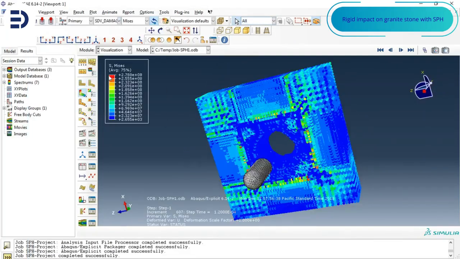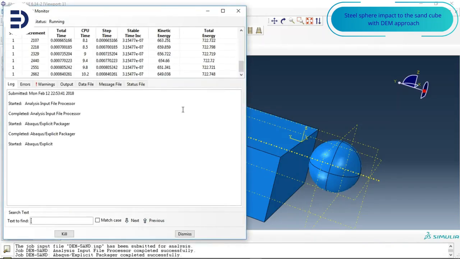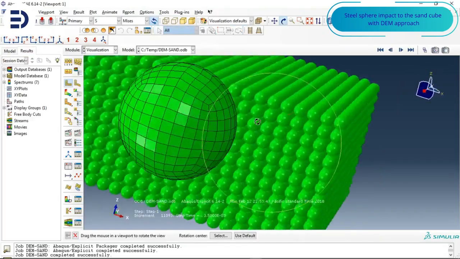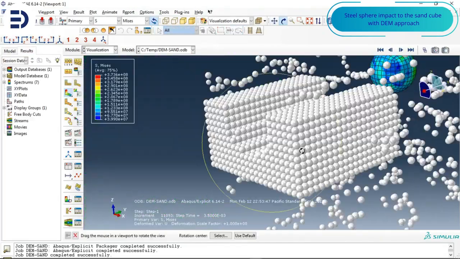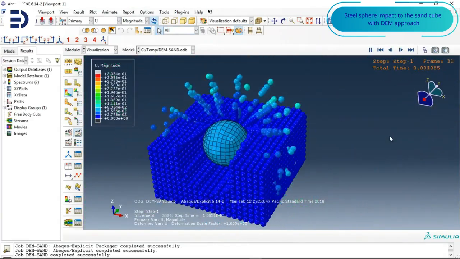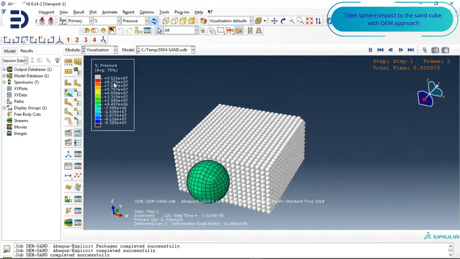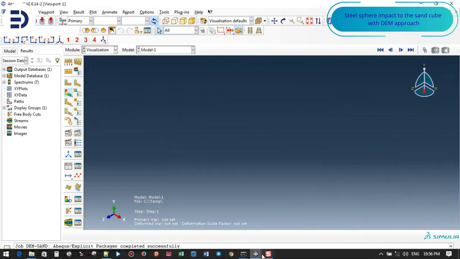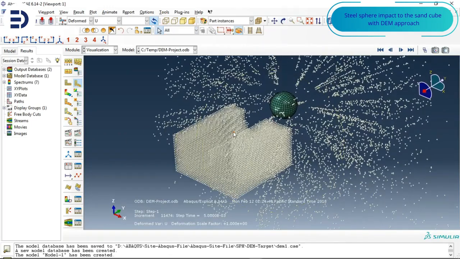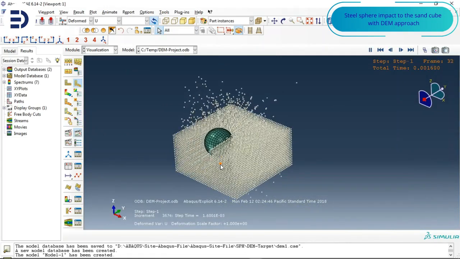The course covers a wide range of engineering applications, including sand impact using the DEM method, non-Newtonian water flow, granite stone under impact and shock loads, hydroforming process, cold spray process, water jet penetration, SPH explosion near structures, bird strike, armor and silicon carbide analysis, water jet cutting process, high velocity impact, friction stir welding, air blast, and FEM, which provides a powerful and flexible framework for realistically analyzing and simulating concrete structures.